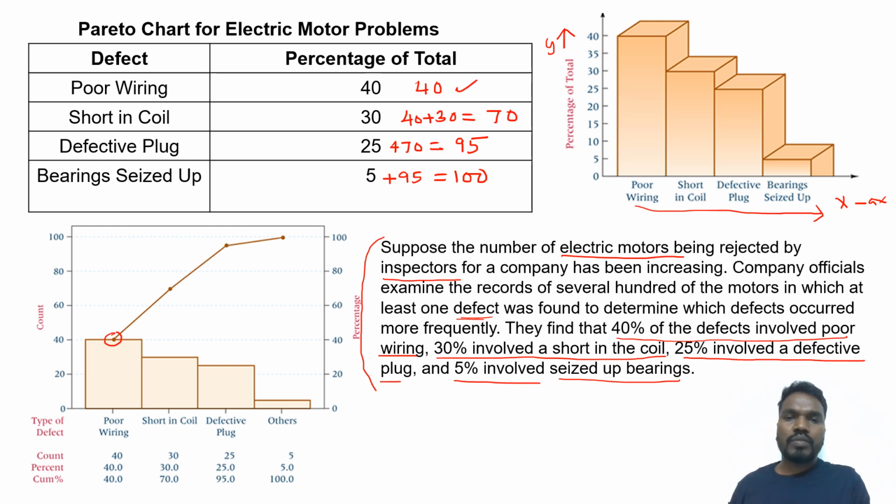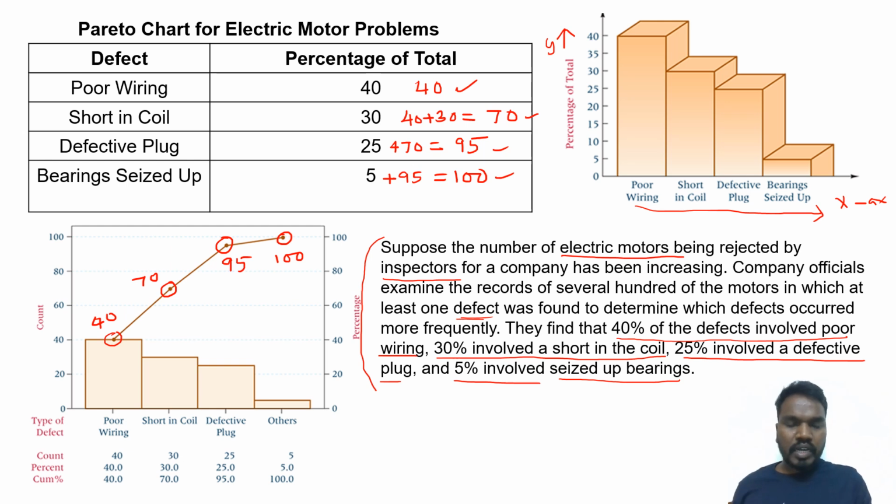So these numbers 40, 70, 95, 100 will form this line graph. Okay, so this is 40, this is 70, this is 95, and this is 100, right?